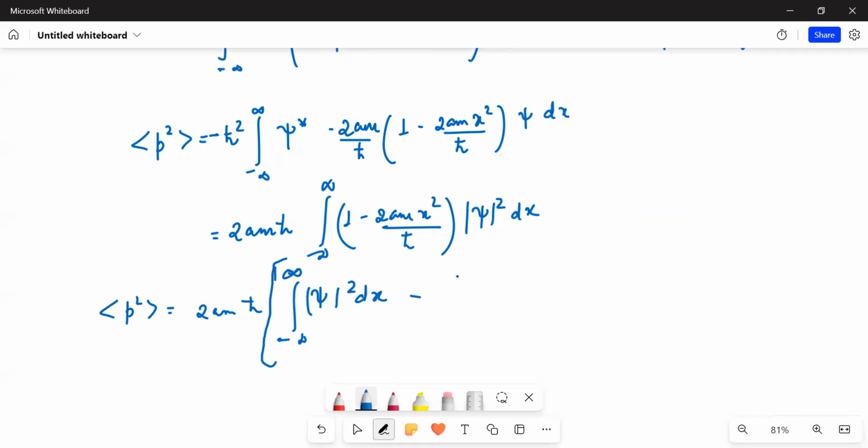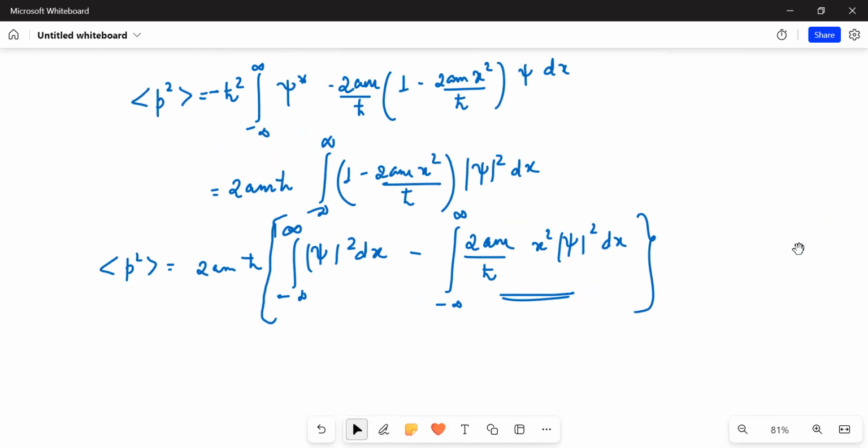And then the second term would be equivalent to writing the integral from minus infinity to plus infinity of 2am upon h cut, and then you have this x square mod psi whole square. This integration is simply the expectation value of x square. And there is some constant indeed, so I'll take that out.